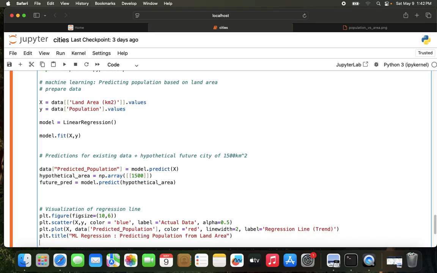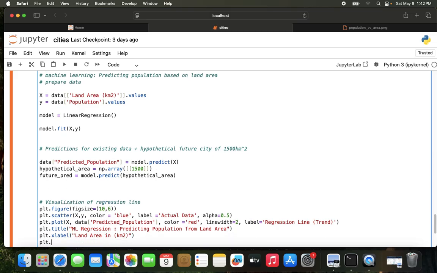And then for x label, we're going to call that land area in kilometers squared. And then for y label, we're going to call that population.